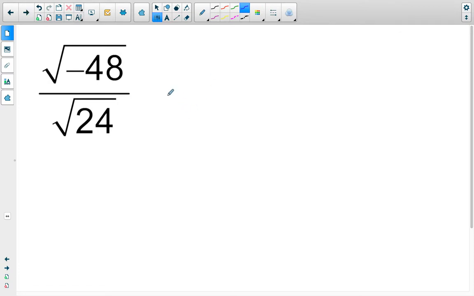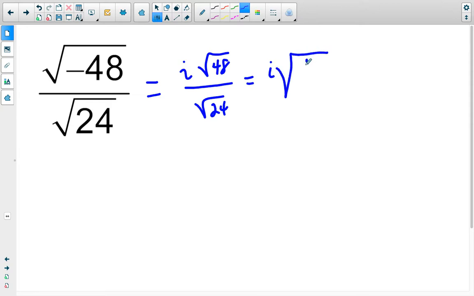So it's always best to deal with the negatives first. So here I have i squared 48, square root of 48, over the square root of 24. Now, since I have all the negatives out from under the root, I can do what I've been doing on these square roots. 48 over 24 is 2, so I get i square root of 2 there.